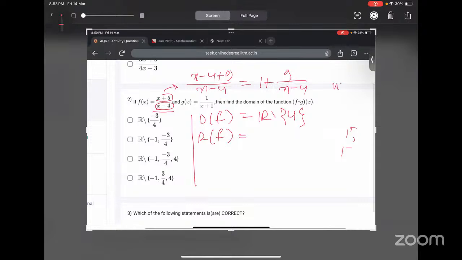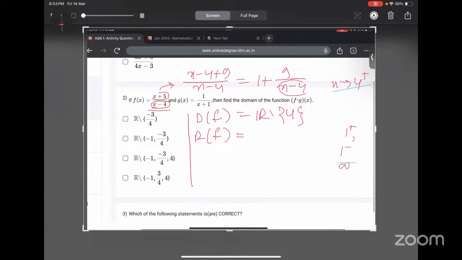If x is tending to 4 from the positive side, this will become 0 positive, right? So this will become infinity. And if x is tending to 4 from the left hand side, then this will become 0 minus. So we will get minus infinity.